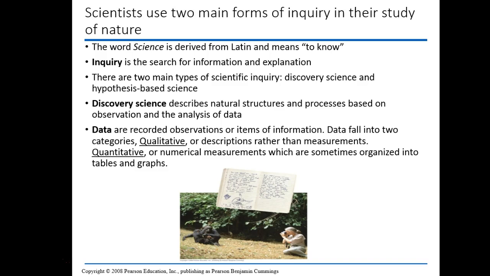Or it can be quantitative, which means it's measurable, and those measurements should be able to be replicated by the next person, or even replicated by yourself, in order for them to hold up, to make sure that is data that can be taken and analyzed. That measurable data is generally organized into tables or graphs so that we can talk to other people about our data instead of just having a bunch of numbers all over.